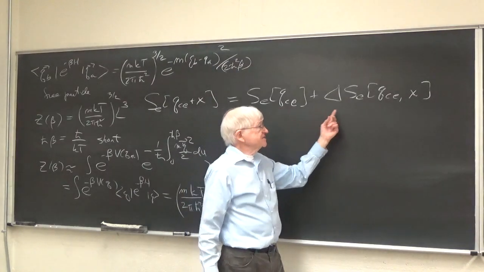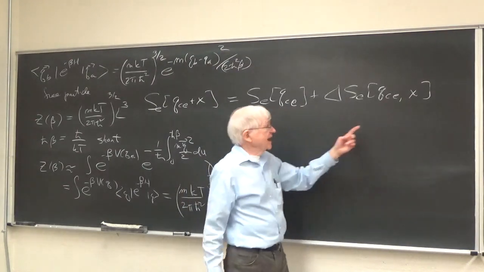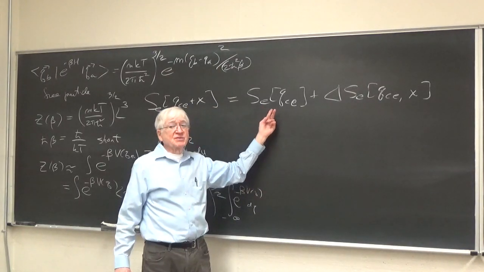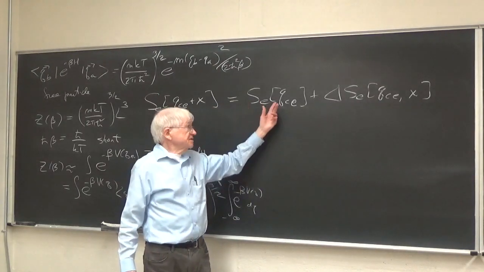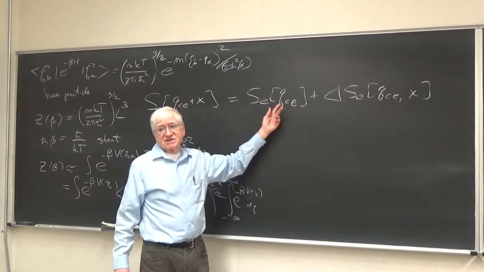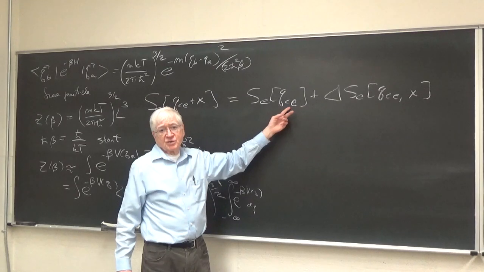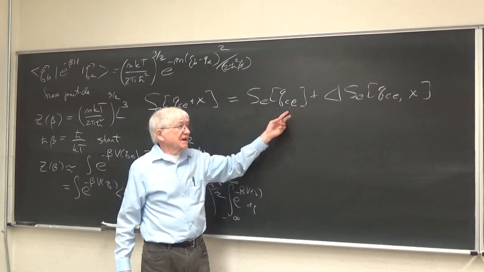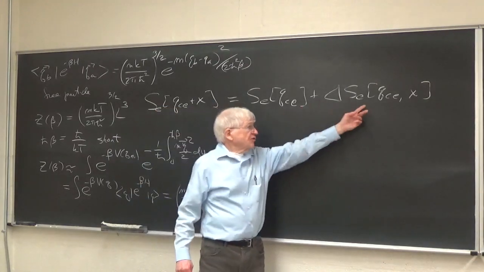What you have left is terms quadratic in x that are proportional to second derivatives of the Lagrangian with respect to the q. But if the thing is quadratic, those are just constants and don't involve the classical path. So this is the general formula.